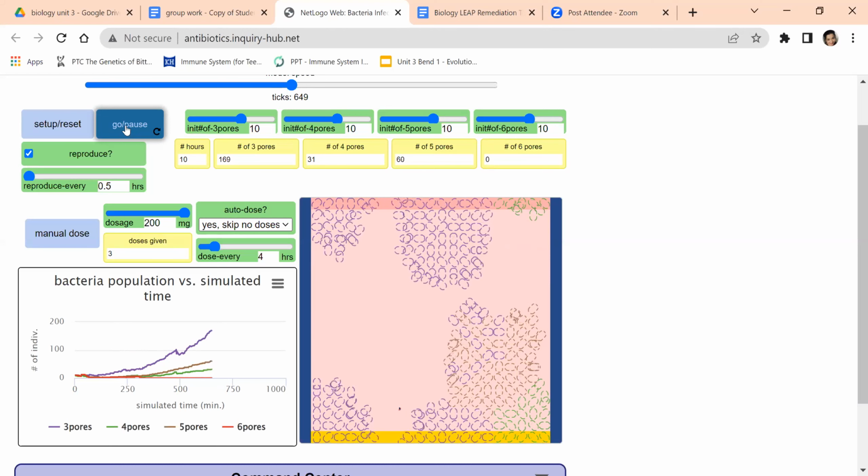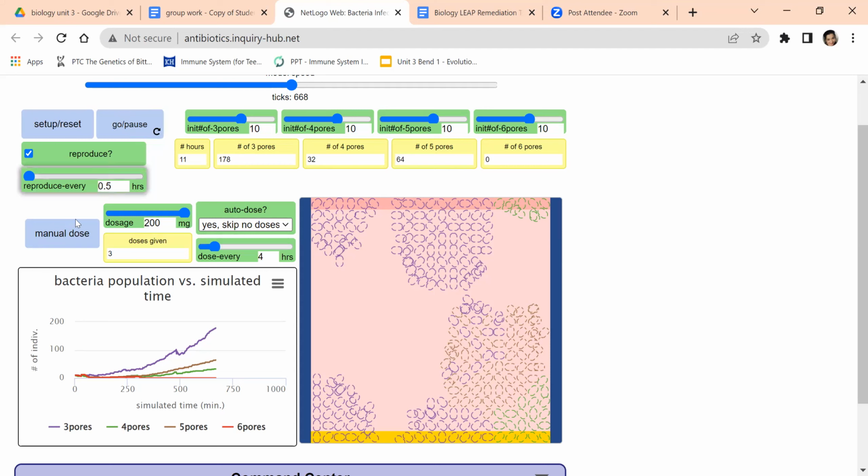And now let's pause and look at what's happening now. Okay, so now we got our dosage right. We're taking enough antibiotics to do the trick, but look what is happening to the population of the bacteria. So we are eliminating a lot of the bacteria, but look at the ones we're eliminating.